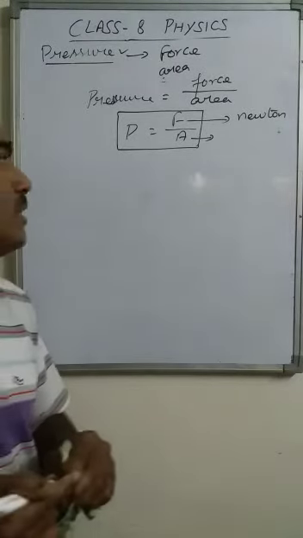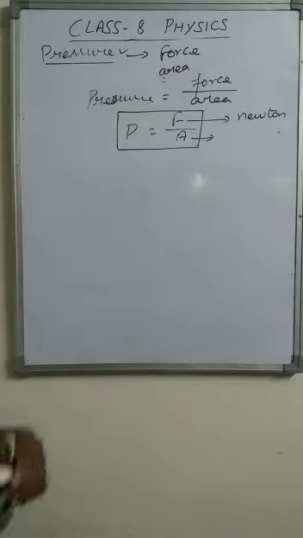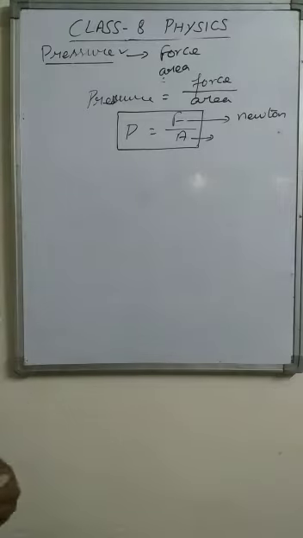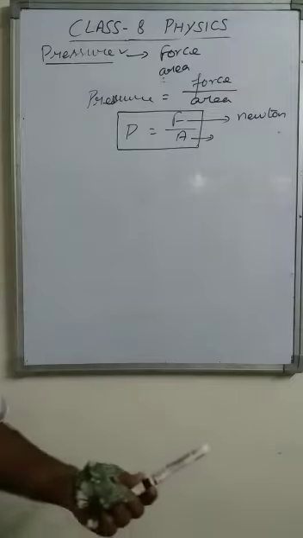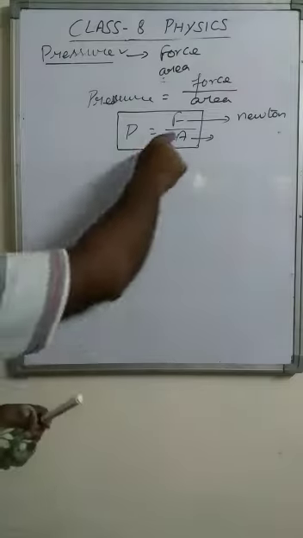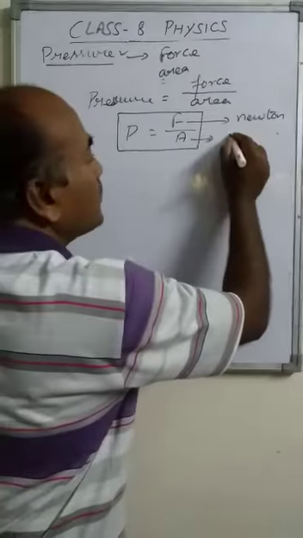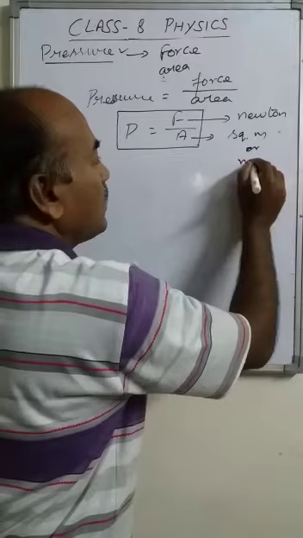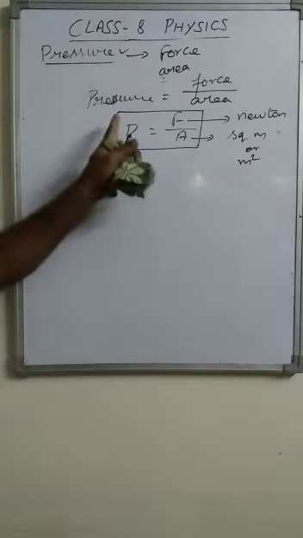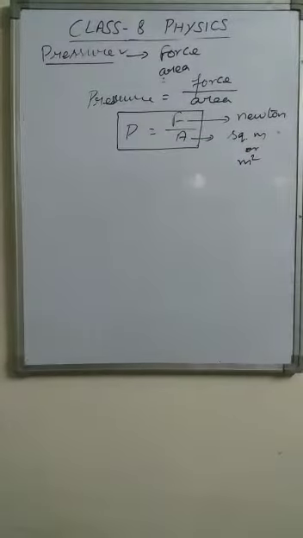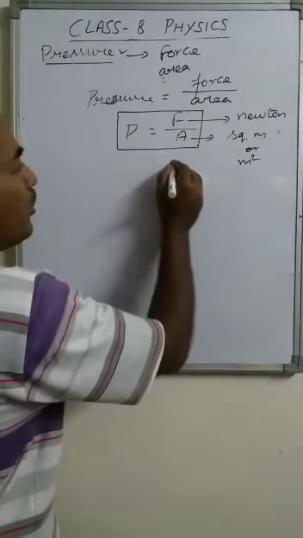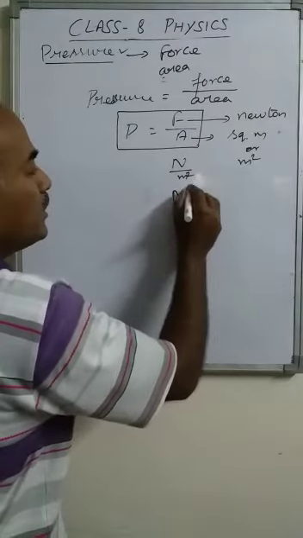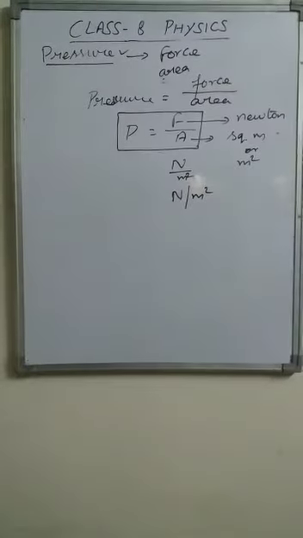In class 7th, 8th, you could have found the area of various figures, square, rectangle, triangle, whatever figure. That area was measured in terms of meter square or square meter. So the SI unit of pressure is Newton per meter square.